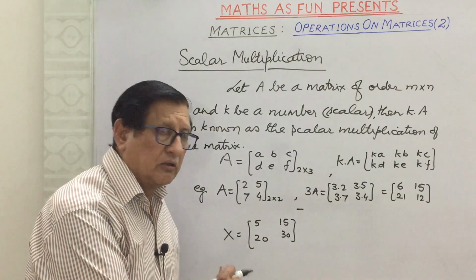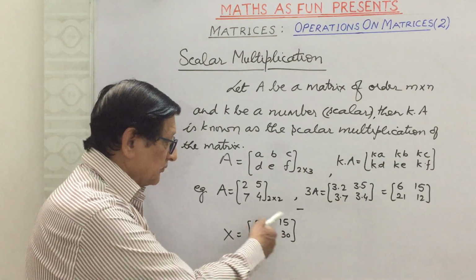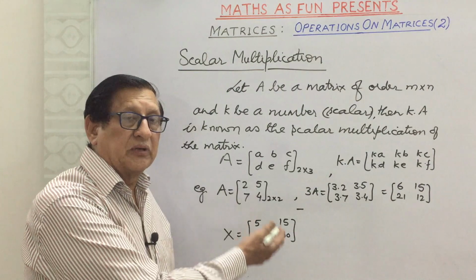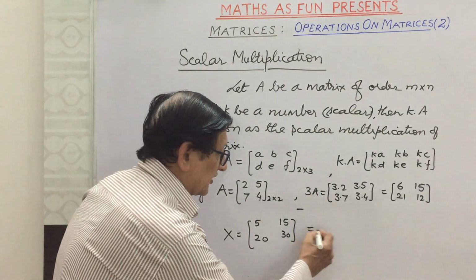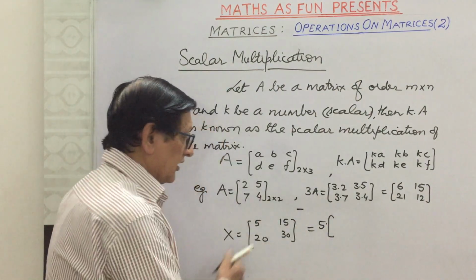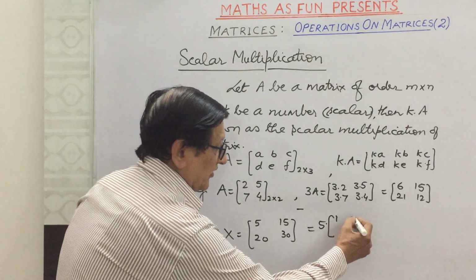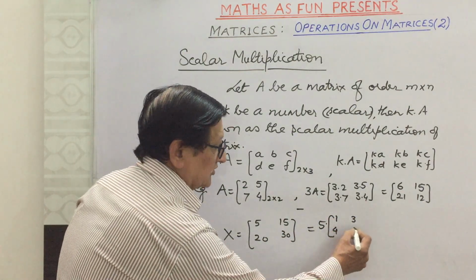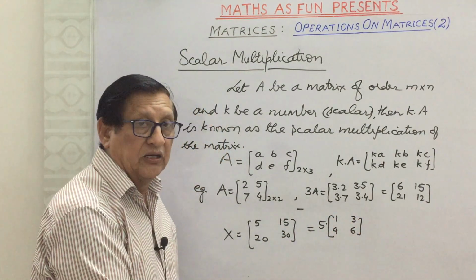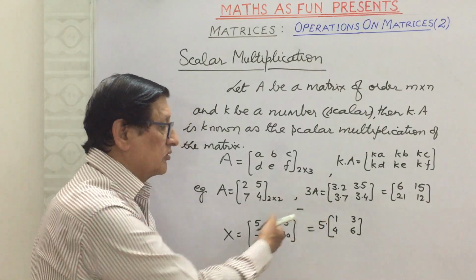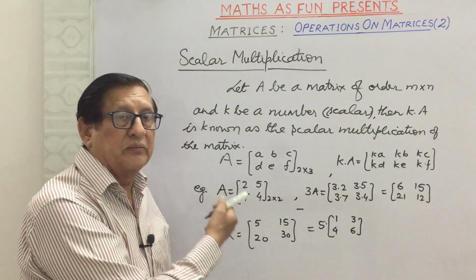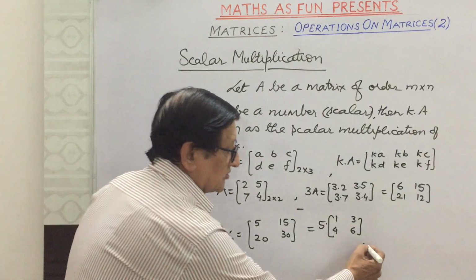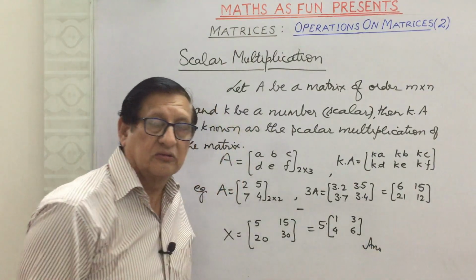We are finding here that every element is a multiple of 5. It means 5 can be taken common. So we can write this as 5 into, and here we get 5 times 1 is 5, 5 times 3 is 15, 5 times 4 is 20, 5 times 6 is 30. So like this we can also take a number common from the elements of the matrix. And this is the answer for this.